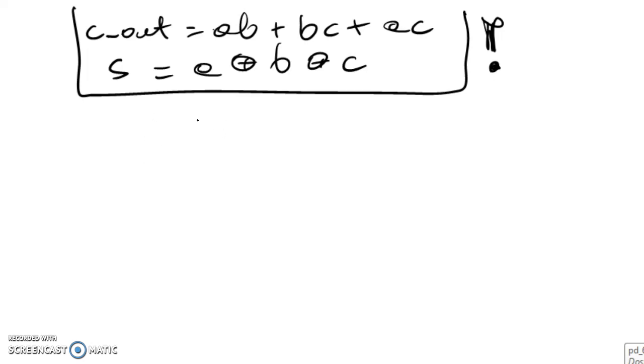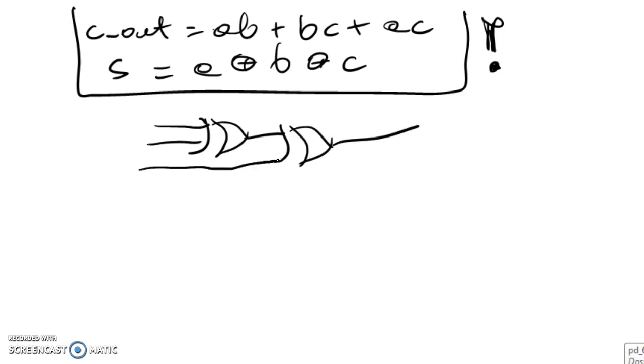So now you can construct the system using gates and draw the diagram. And the first gate and the second gate give you S. Okay, A, B, and C. And then you've got what?